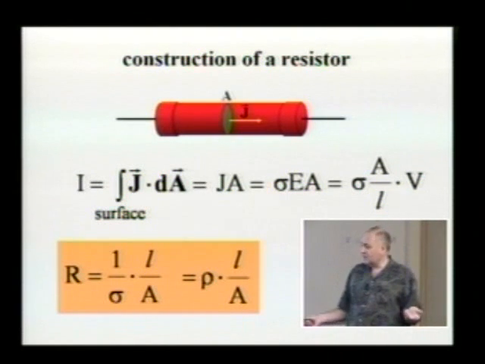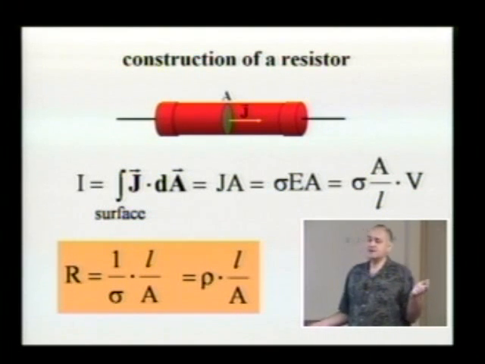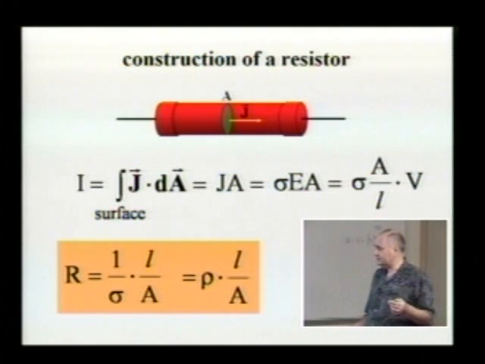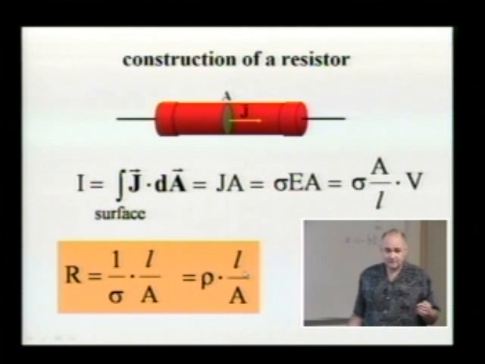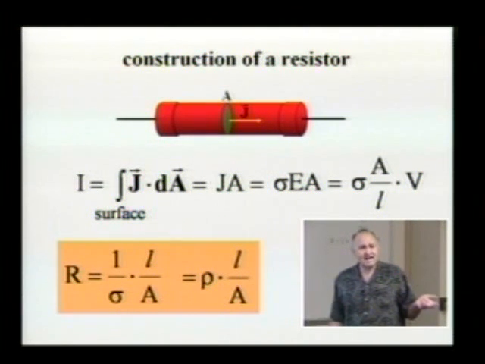Not mentioning that if I really wanted to use a wire with a cross-sectional area of 1 square millimeter, I would have to take a lot of very long copper. Can you imagine putting it into your iPod?